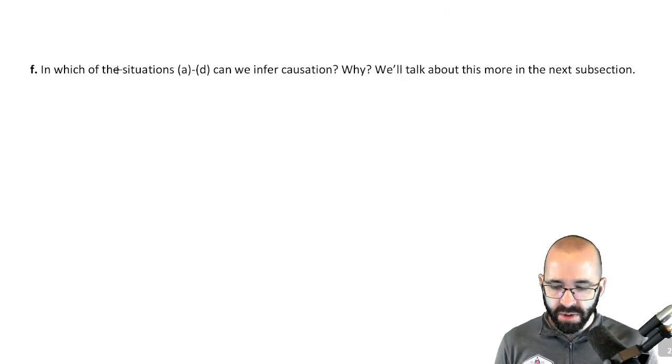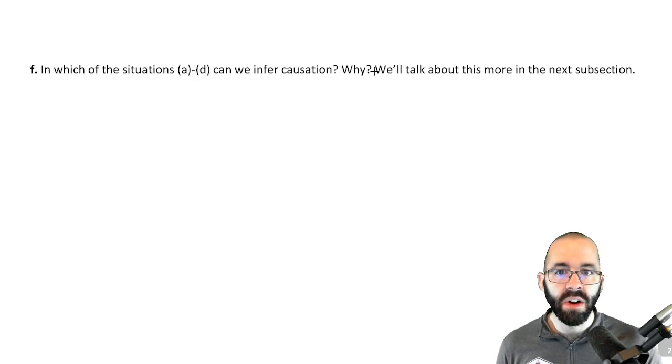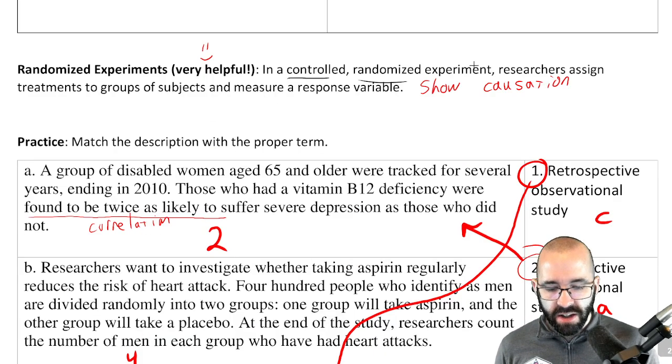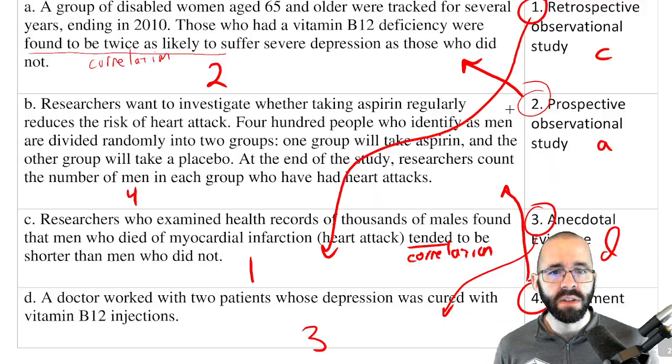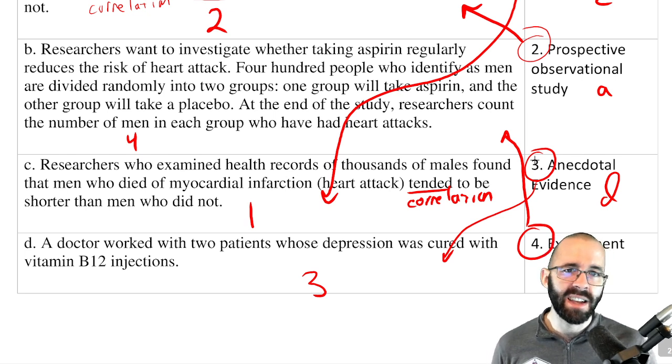Finally, for this video, which of the situations A through D, so which of these situations can we infer causation and why? We'll talk more about this in the next one. I mentioned it here that it's only randomized experiments that really let us show causation. Anecdotal evidence really doesn't say much.